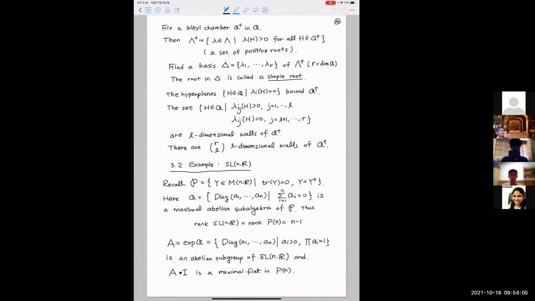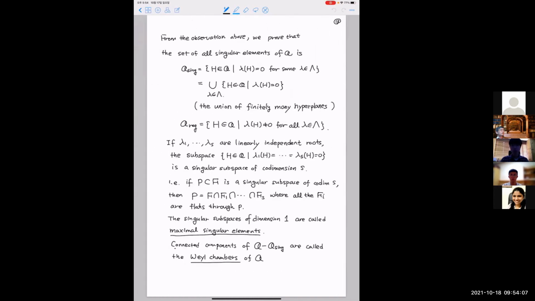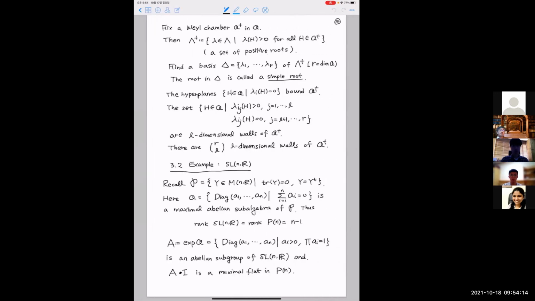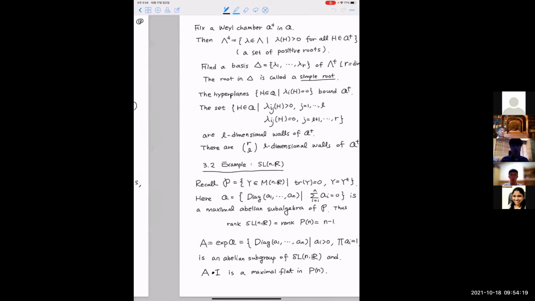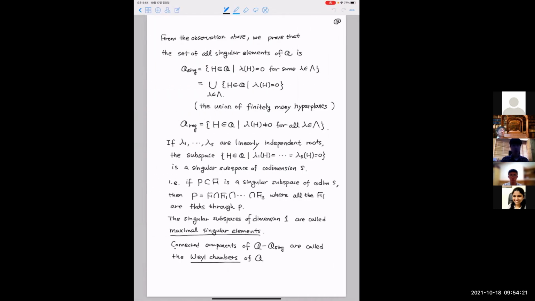Let's finish this one. From this observation, we proved that the set of all singular elements of A is the union of the kernels of the roots.